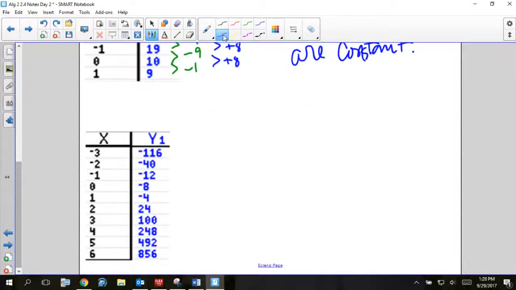All right, can you guys help me out? Who's got these? I want to do what I was talking about. Did you find the second differences? Okay.